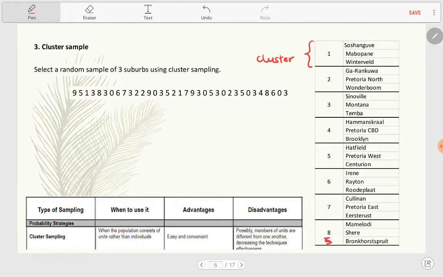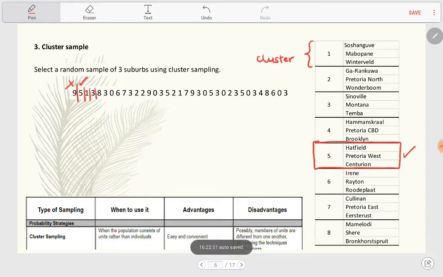So therefore, this is a single digit. So we need to use our number line and split it into single digits. Okay, so we're not going to take 9 because we don't have a 9th cluster, but we have 5. That means we'll take the 5th cluster, and you take everything that is in the cluster. And automatically those are your 3 observations.